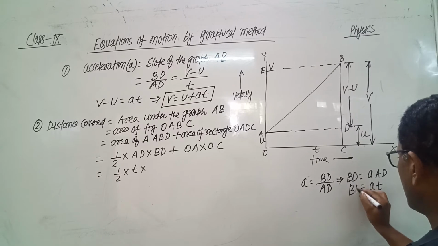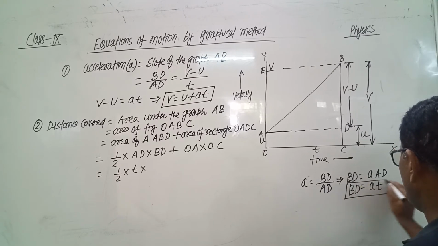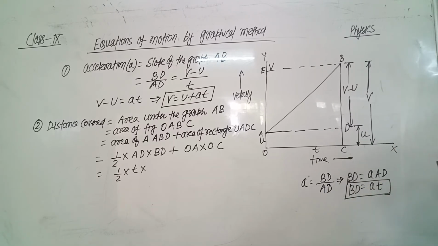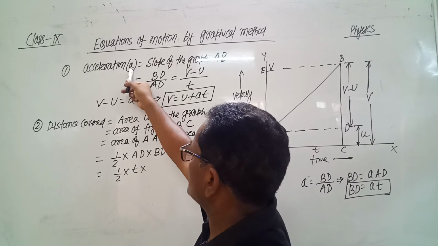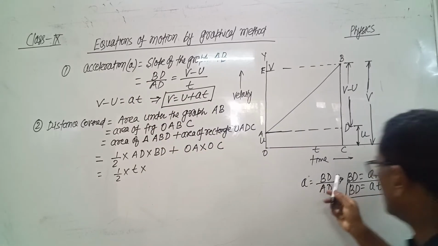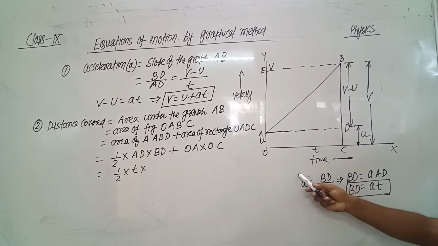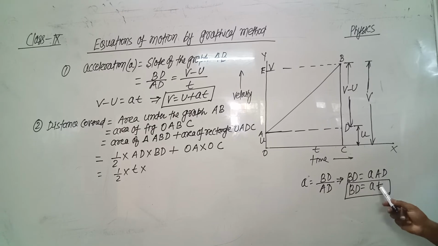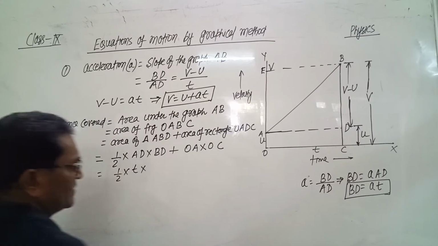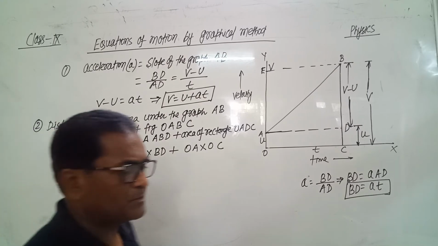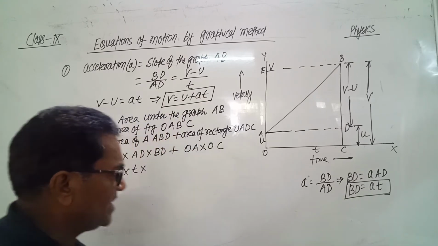So BD can be written as a into t. We find the value of BD in terms of acceleration and time. Put the value of AD as t, so BD becomes equal to at.